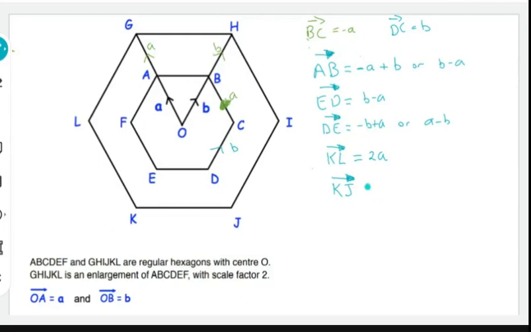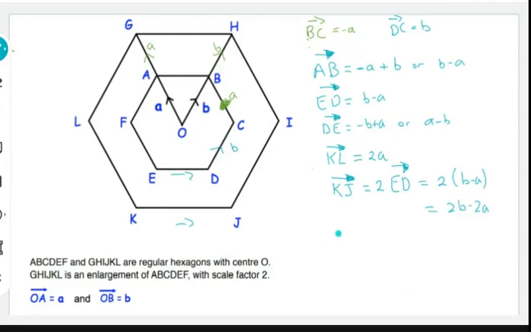Yeah, 2B minus 2A because we can see that is two lots of ED because they're parallel, and the hexagon which contains ED is enlarged by a scale factor of 2 to give you the hexagon which contains KJ. So it's going to be two lots of B minus A, which is equal to 2B minus 2A. Good stuff.